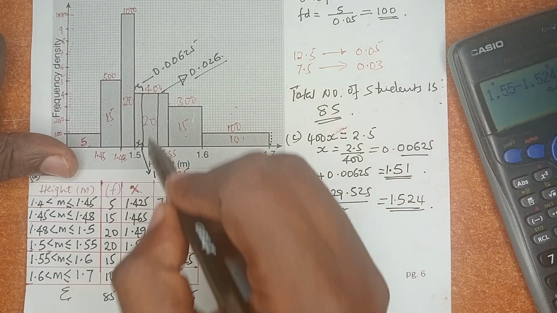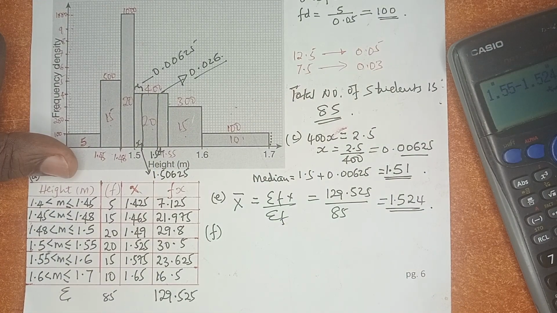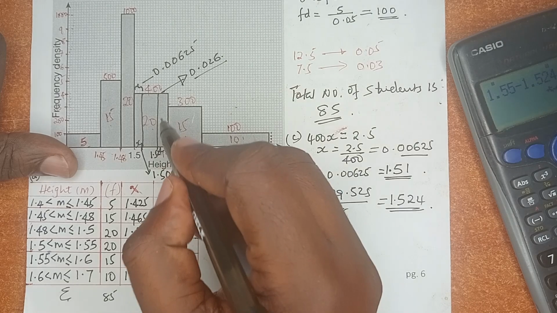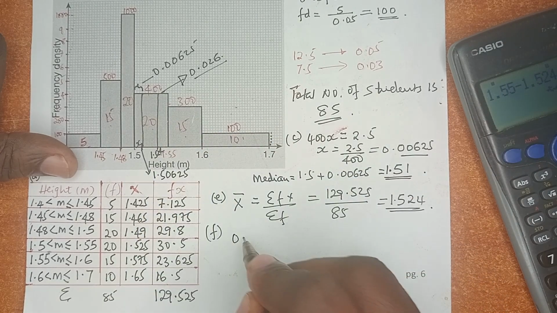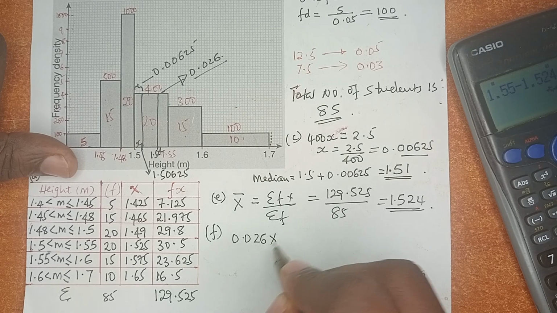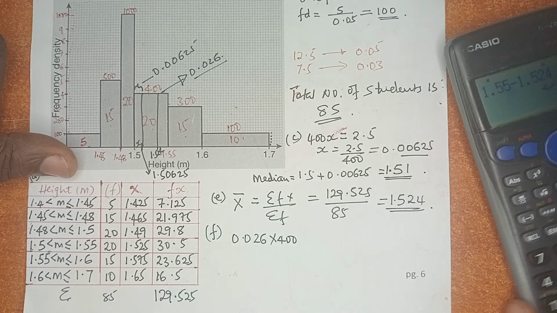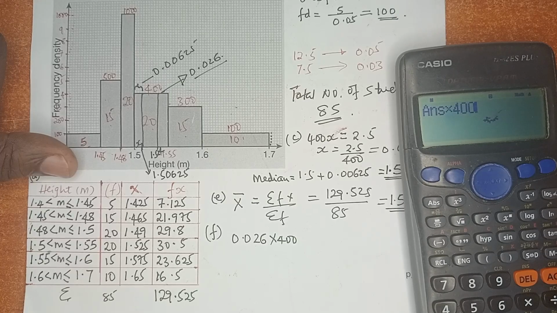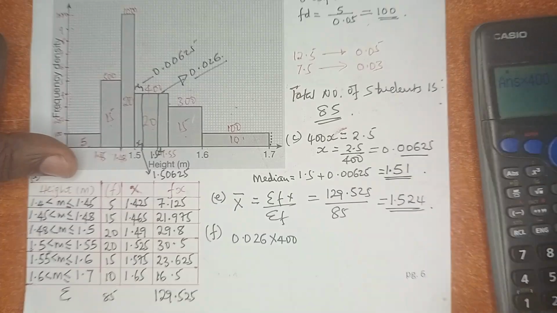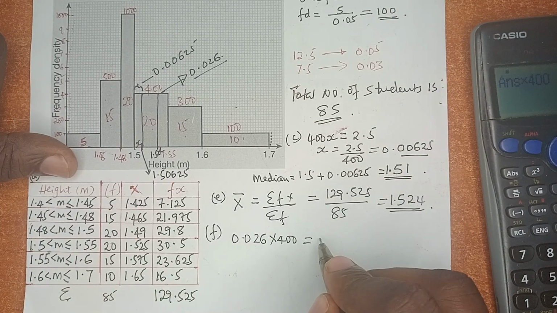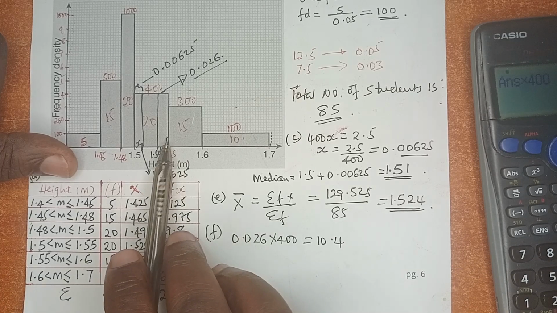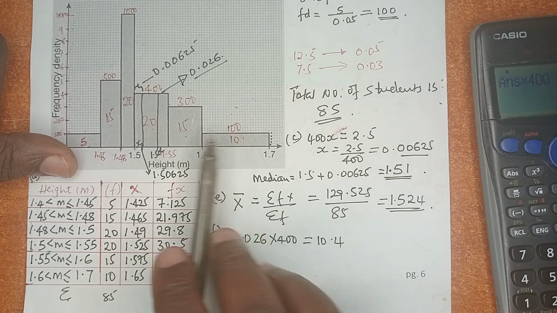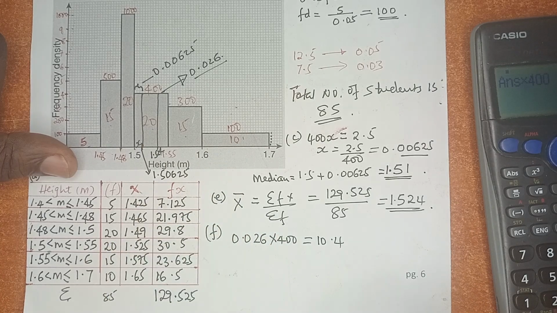What about the height times 400? So in this particular region of the remaining bar, we have 0.026 times 400, so that we can get the frequency. This is obviously 10.4, and then we add every other student who is to the right of that data.